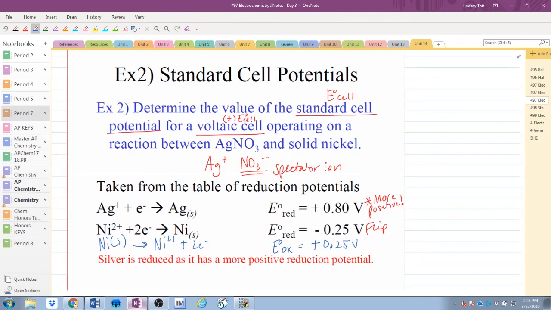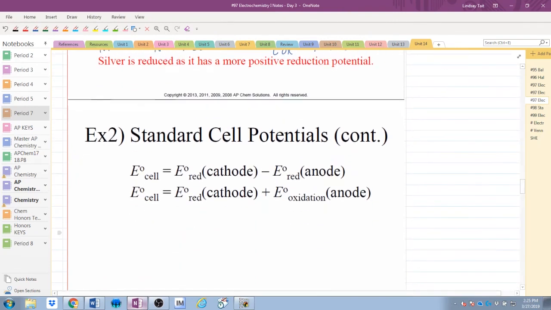Add the reduction and the oxidation potentials. That's it. So that's what we're going to do here. Once again, they've written out the equations, and I don't like that extra stuff. Positive 0.80 volts plus a positive 0.25 volts equals a positive 1.05 volts.